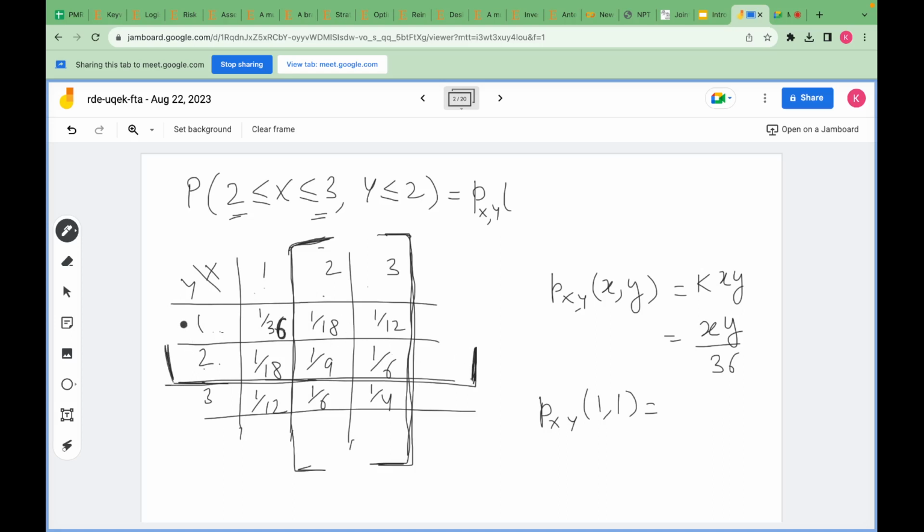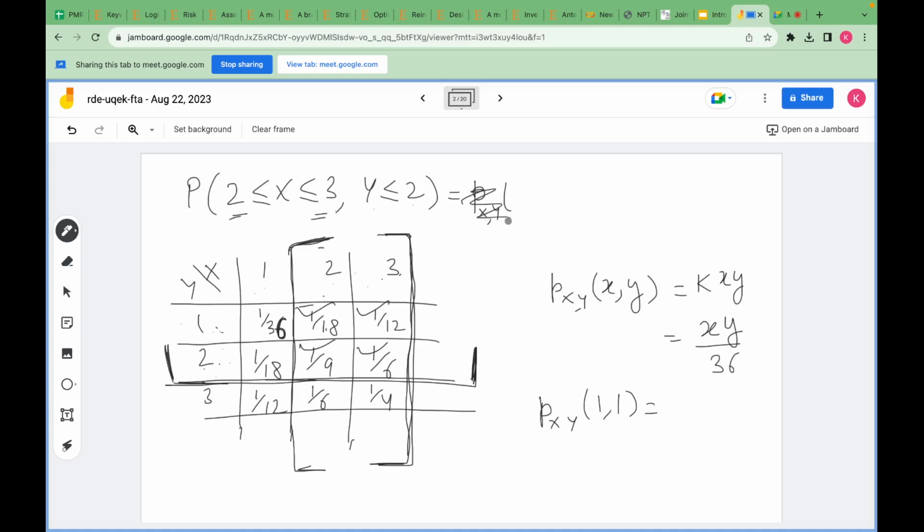So the probability that x varies from 2 to 3 and y is less than 2 is the possibility of these 4 outcomes: 2,1, 2,2, 3,1 and 3,2.